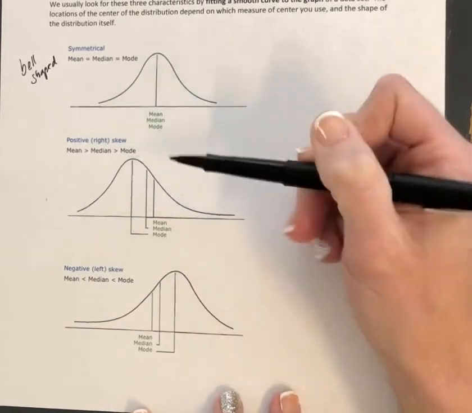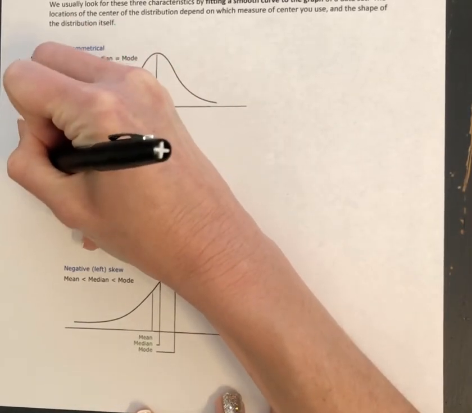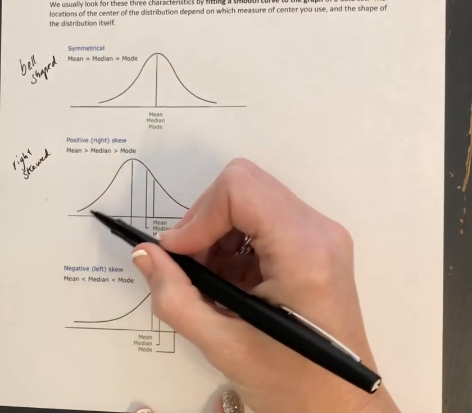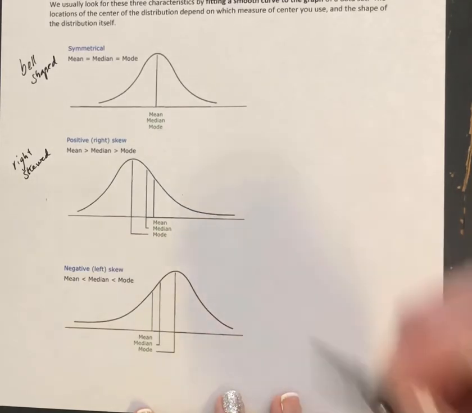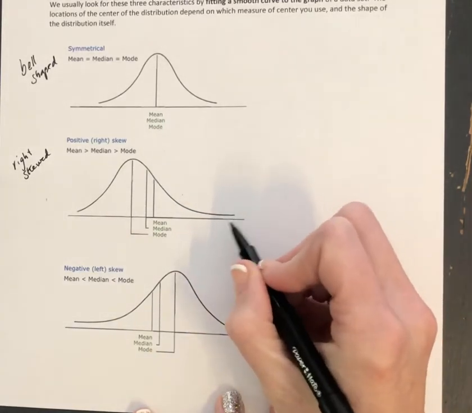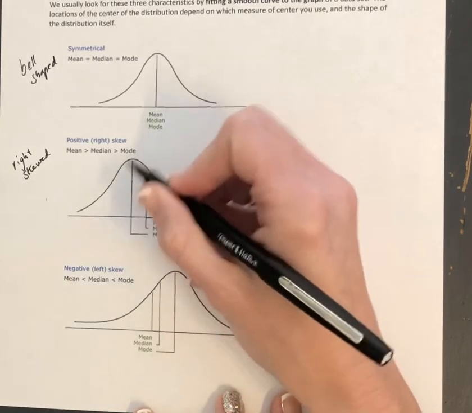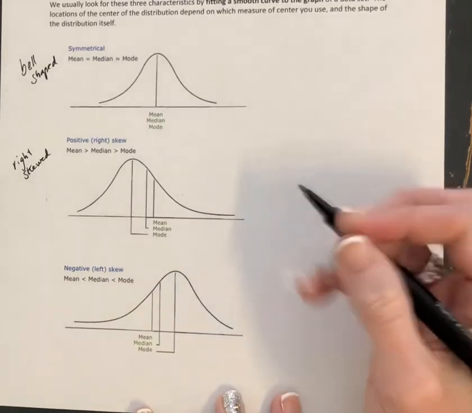The next graph I have here is a right skewed distribution. In this right skewed distribution, it's looking fairly bell-shaped, but then you have this longer right tail. What that means is you have some values that fall a little farther from the peak out to the right side.